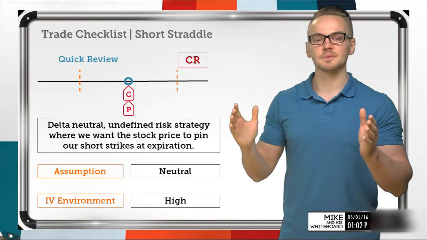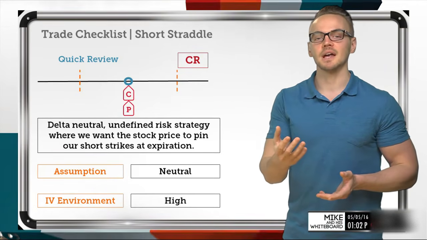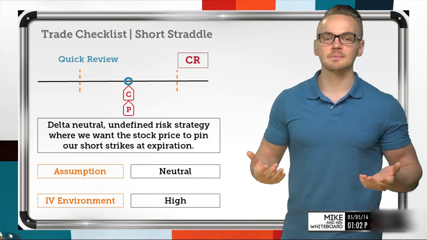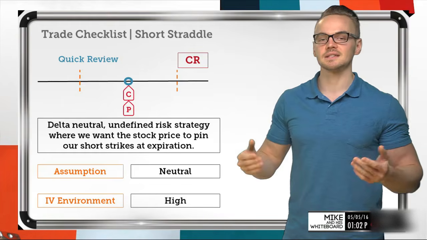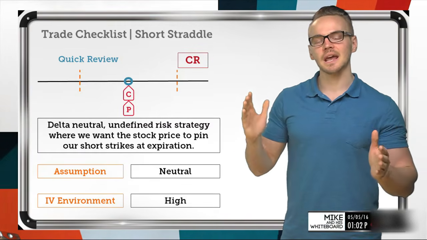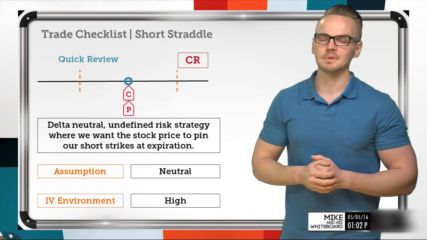So we have that range between 80 and 120 if we have an implied volatility of 20, and that is given on a probability or a one standard deviation basis. So we have about a 68% chance that our stock price will move between 80 and 120 over the course of the year. That's what we're really looking at with implied volatility.